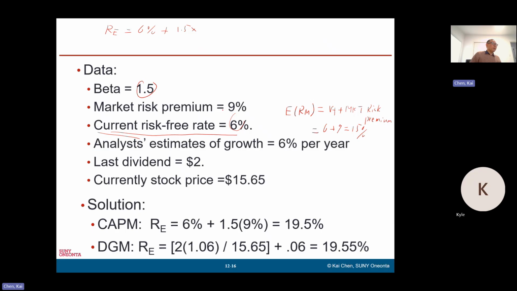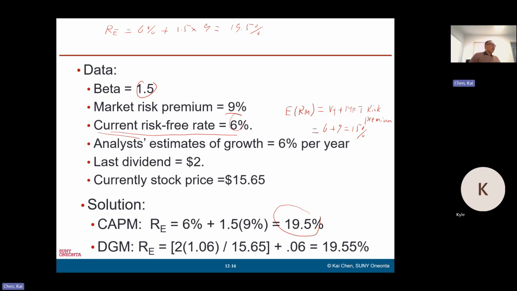What is the market risk premium? That is 9%. Then we get the cost of equity, that is 19.5%. So that is the cost of equity estimated from CAPM.